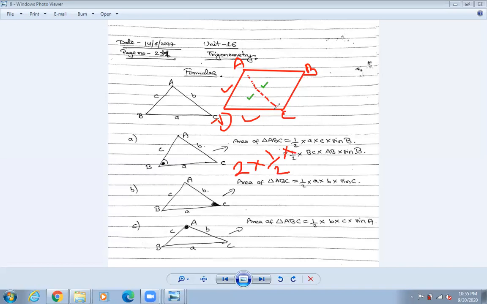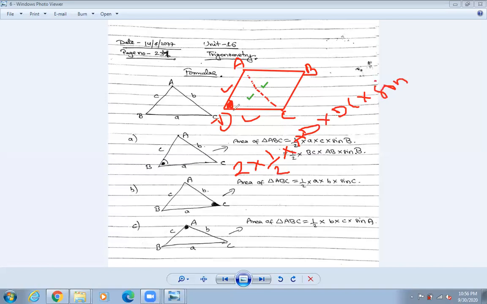Now for this triangle, what are the two sides? If this angle is given, then what are the two sides? One is AD, the next one is DC. So half into AD into DC into sine of the angle.